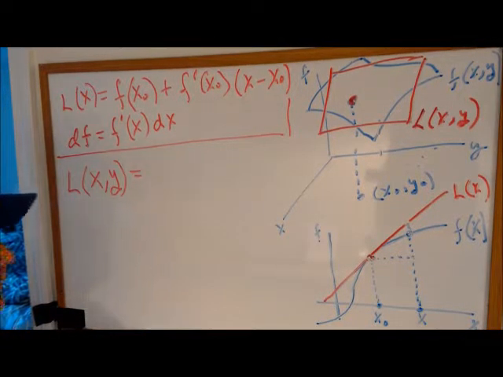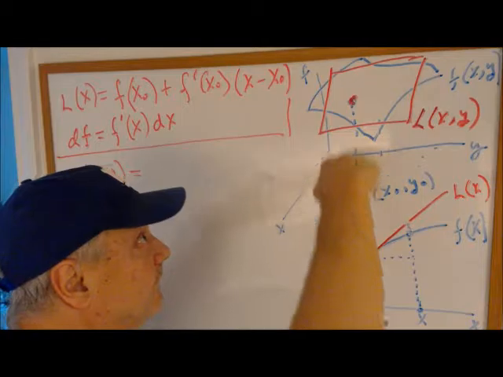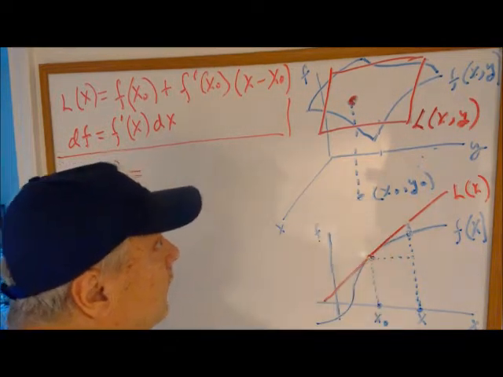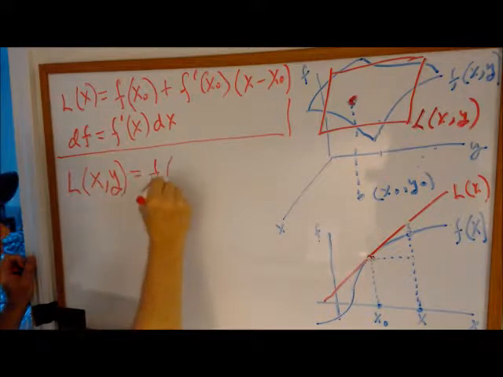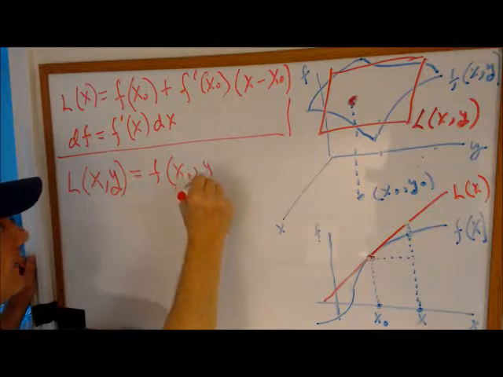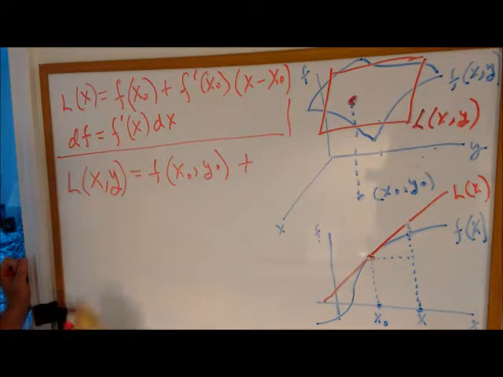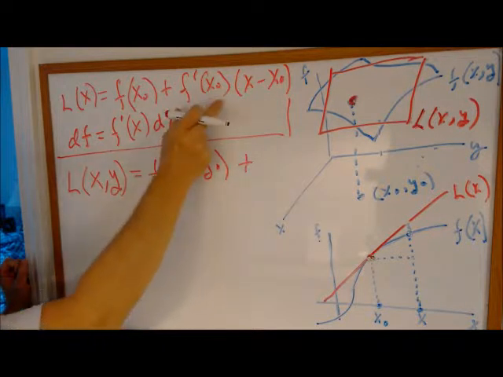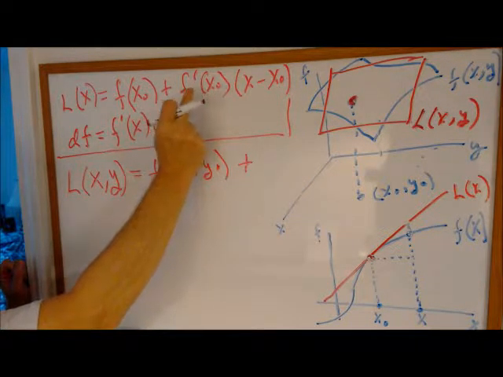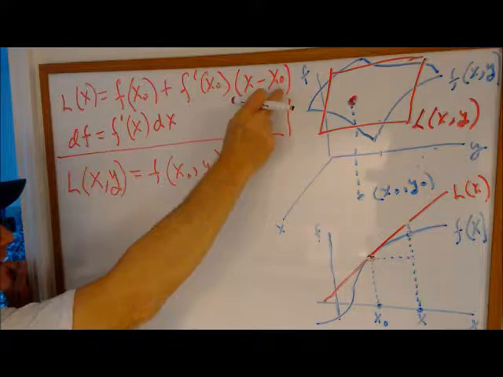So what's it going to be equal to? Well, just like before, it's the value of the function at the point. So it's f of x naught y naught plus, now we need to add the rate of change times the change in x.